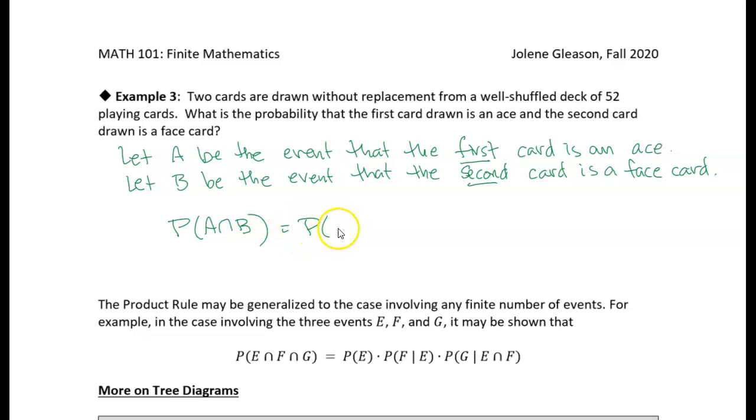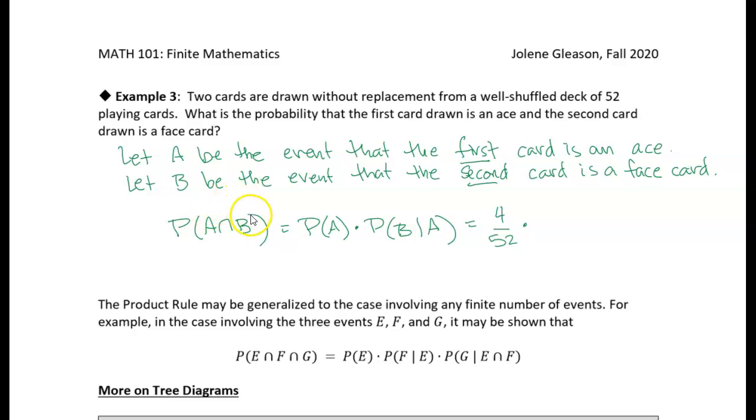We just learned that the probability of A and B happening is equal to the probability of A times the probability of B given A. We can reason out what those are. The probability that the first card is an ace: you have 4 aces out of 52 cards, so there's a 4 out of 52 chance of drawing an ace on the first card.